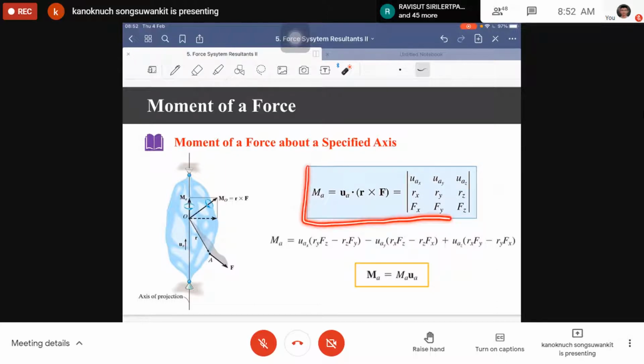And here we have the moment about any axis, but just a scalar, right? Because all the numbers in this matrix are scalars. Therefore, the result becomes a scalar.